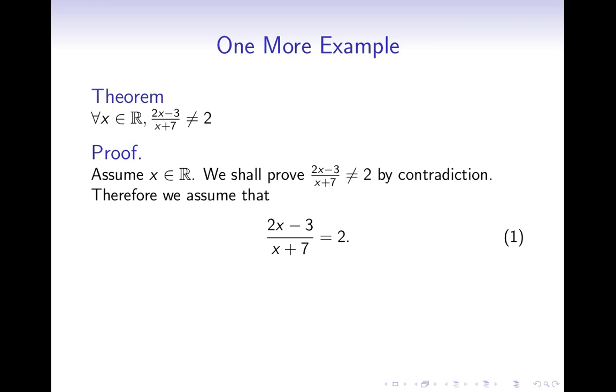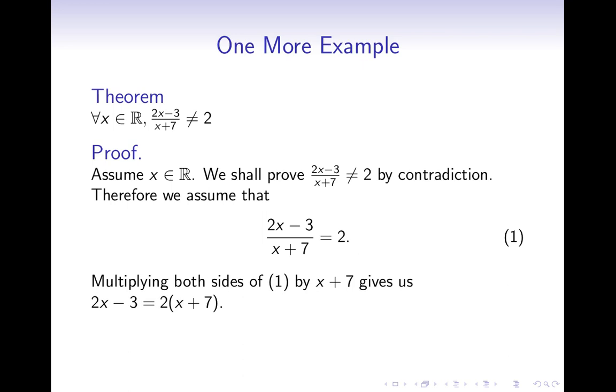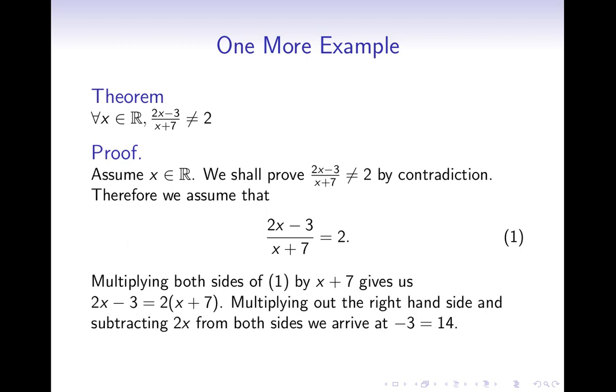And now we have something positive to work with. We have this equation, and we know how to work with equations. So we're just going to do the natural operations here to simplify. We're going to multiply both sides by x plus 7 to get 2x minus 3 is 2 times the quantity x plus 7. I'll multiply through by the 2 on the right-hand side and subtract 2x from both sides.